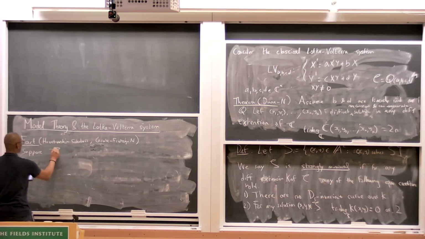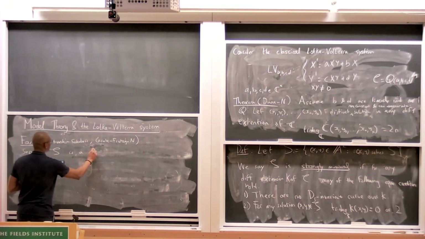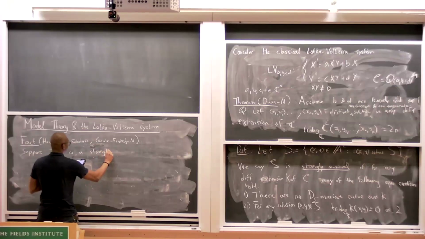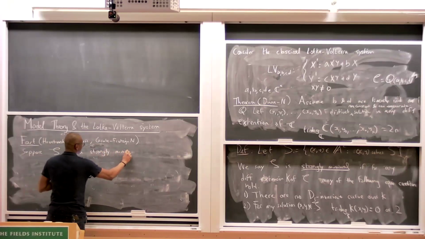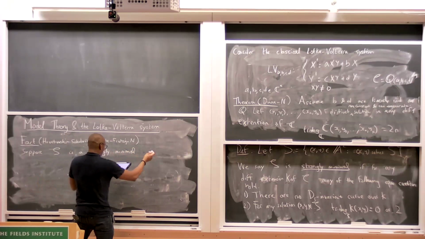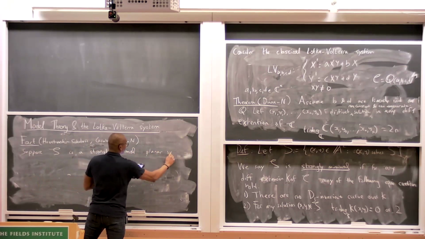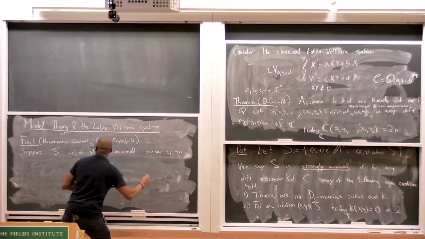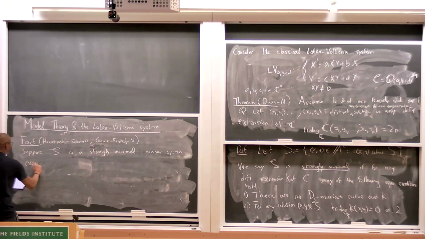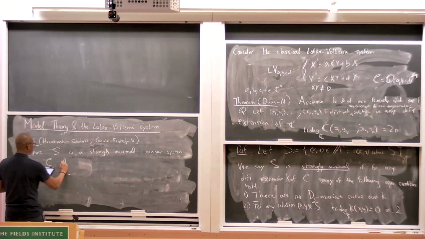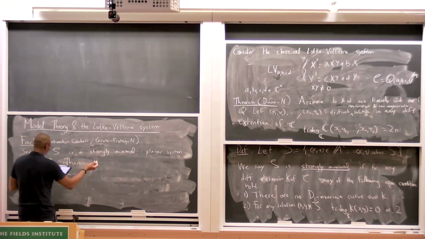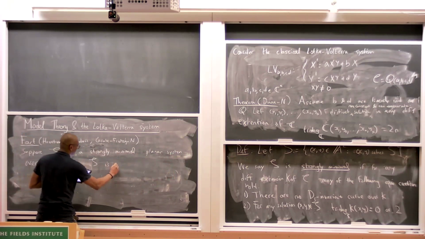So suppose S is strongly minimal. Planar system over C. Assume, all right, so it's a planar system. So then automatically S is geometrically trivial.